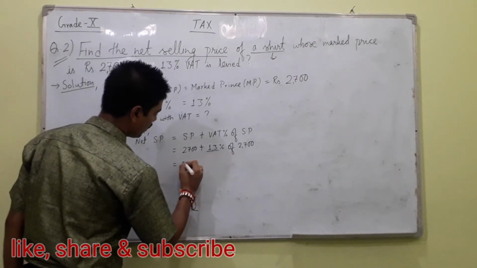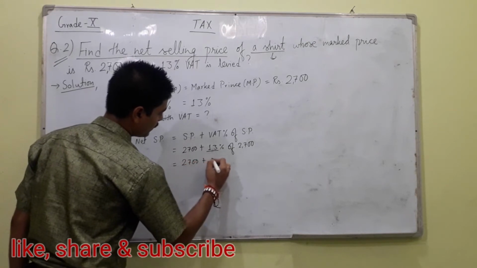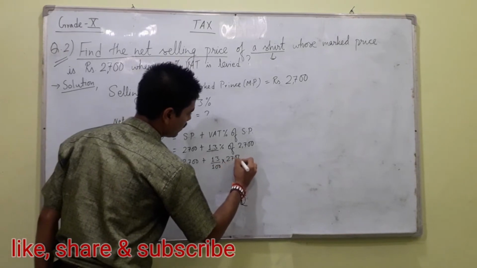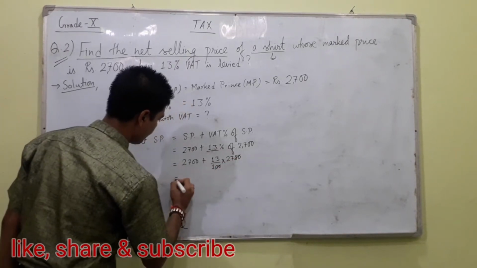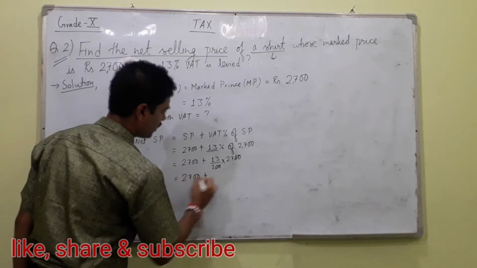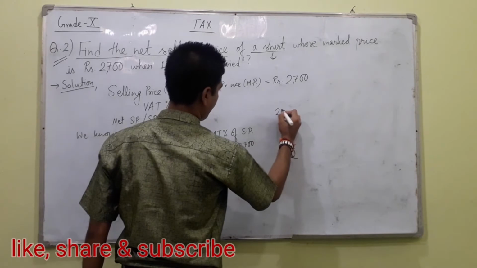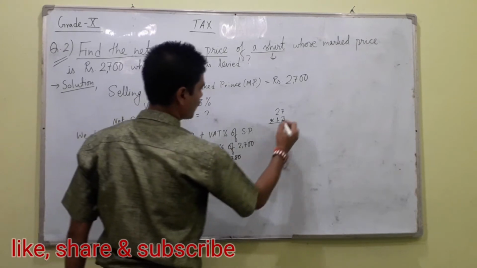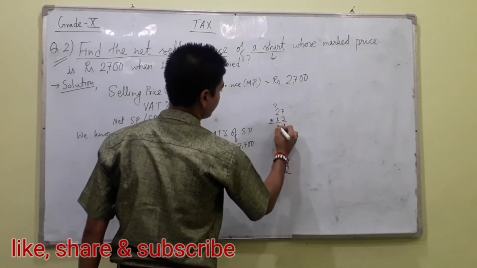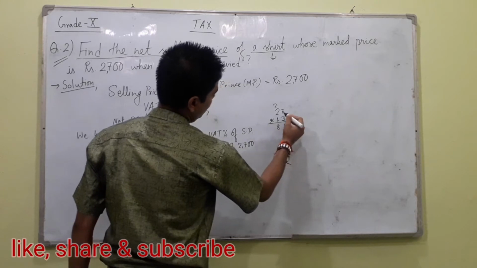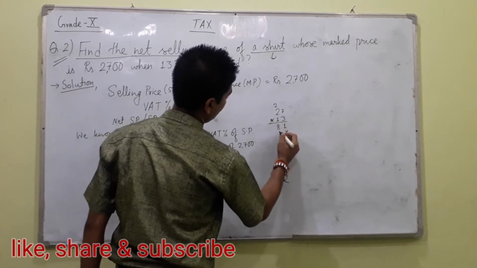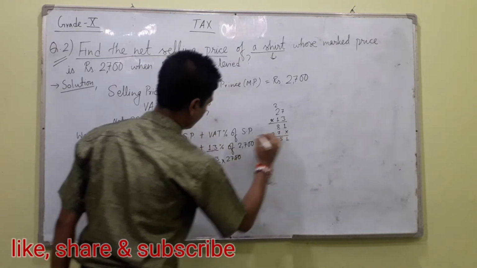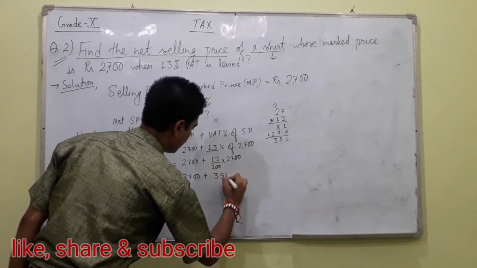2,700 plus 13 by 100 into 2,700, 0 cancel. 2,700 plus 13 into 27. 3 7 the 21, 2 3 the 6 7 8, and 1 7 is 7, 2 1 is 2, 1 5 3, 351.